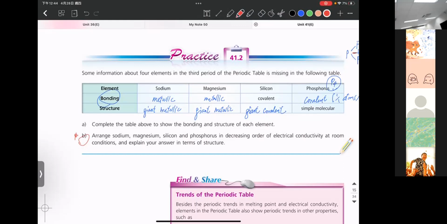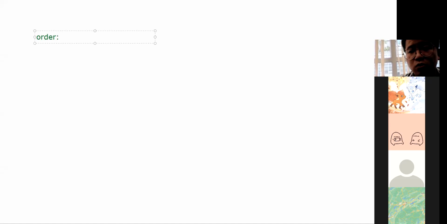First of all, the trend. What is the trend? Tell me your trend. What is the order? Decreasing order.